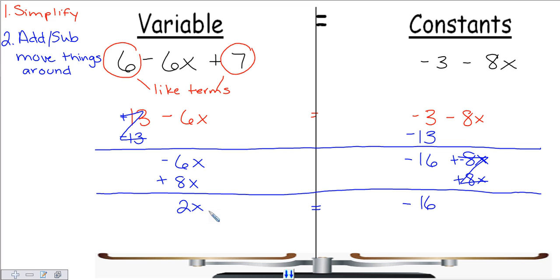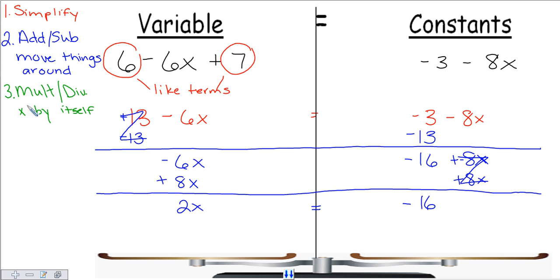So I have all my variables on the left. I have all my constants on the right. The next thing to do would be to get x by itself. And in order to do that, what I'm going to do is multiply or divide. And this is getting x by itself. It might not always be x.